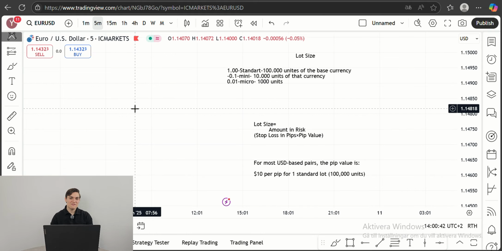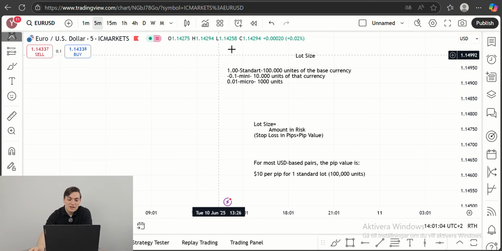Now let's continue with lot size. So lot size refers to the amount of currency units you are buying or selling in a trade. Okay, the main three types of lot sizes are standard, mini, and micro. You also have nano, but it's rare, so I didn't put it on here.